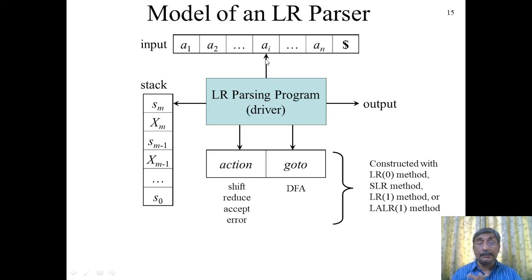But in certain cases it is very difficult to find out whether I should shift or reduce, and therefore in those cases the DFA needs to be modified in a better method. Maybe the DFA needs to be modified using the LR1 method or the LALR1 method. We'll talk about that at due time in some later classes.